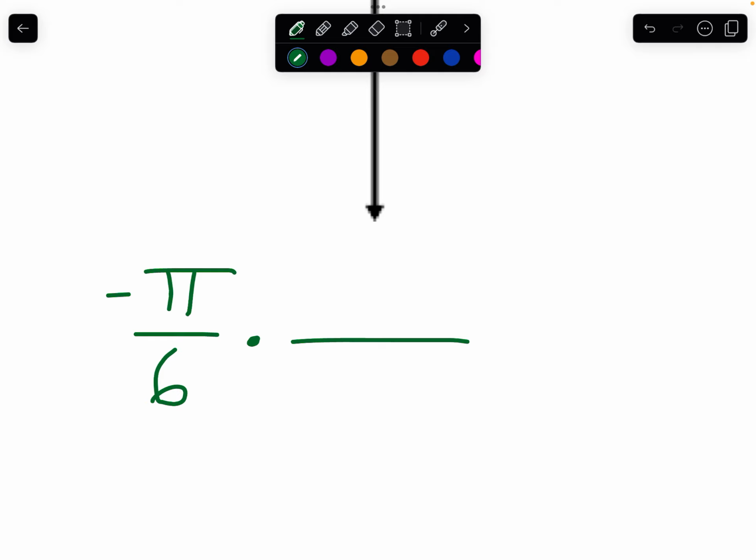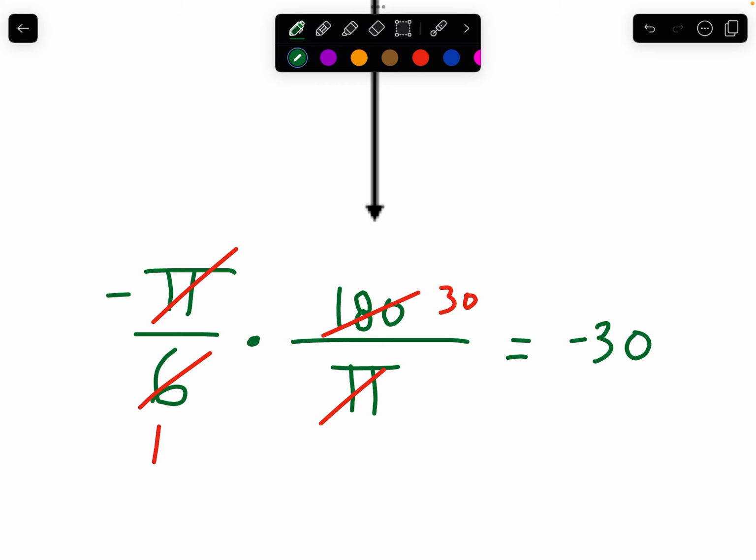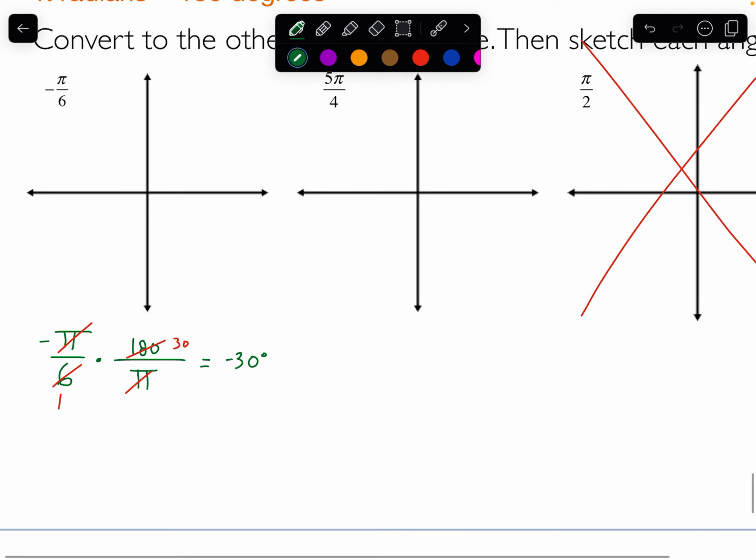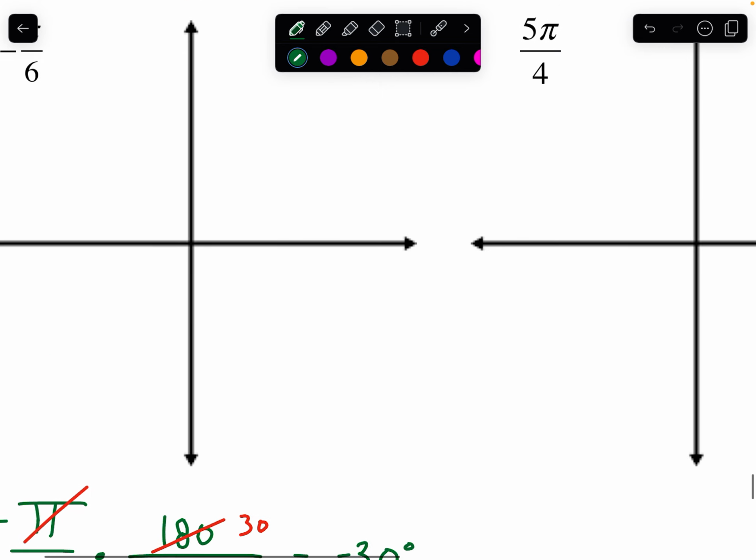One trick for remembering what to multiply by when you're going from radians to degrees: you're going to want the pi's to cancel. So I'm going to need a pi down below for that to happen. Now I can cancel my pi's. 180 and 6 are both divisible by 6, so I'll do that, simplifying. When I multiply straight across, I'll get negative 30 degrees. So negative pi over 6 radians is equivalent to negative 30 degrees.